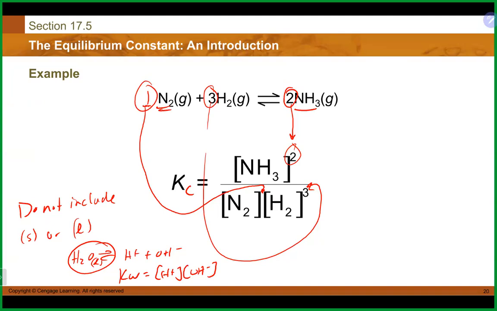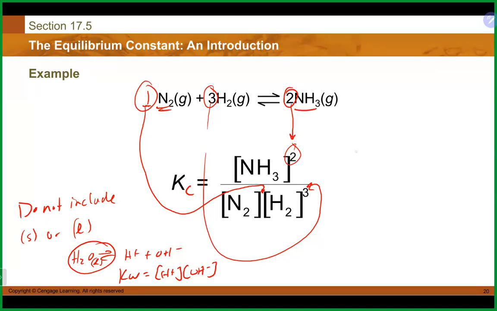And that's really the reason why these 2 things are not included usually in the equilibrium, because if you have something like water that's a pure liquid, its concentration is going to remain pretty constant over the period of time. And in addition, if you have something that's a solid, it's really not doing much. It's just kind of sitting there, right? So in order for it to do anything, it's got to kind of not be a solid. So anything that's a solid or a pure liquid is not included.